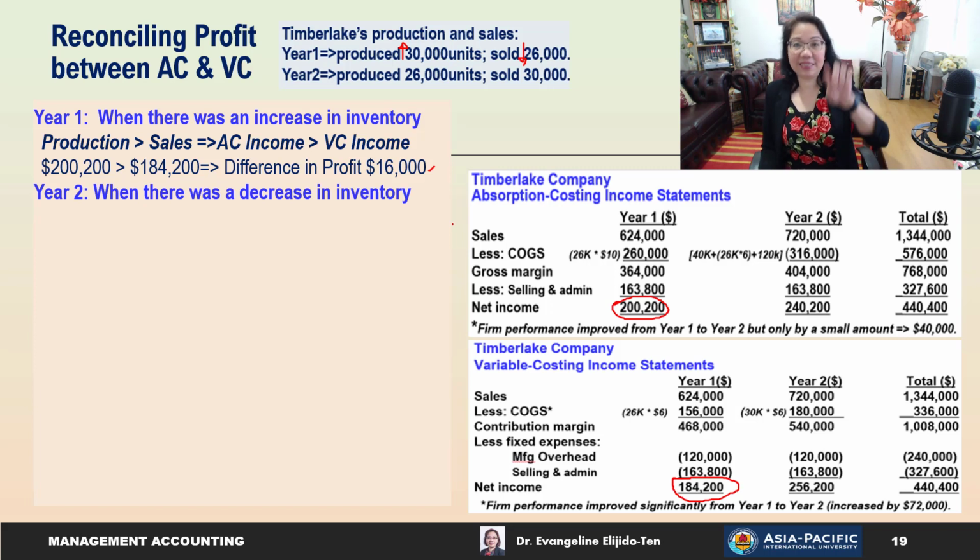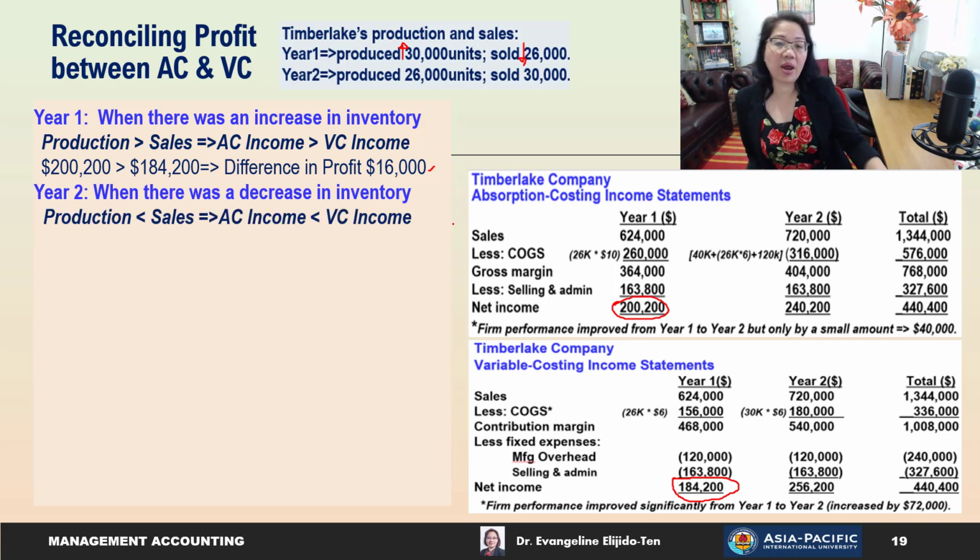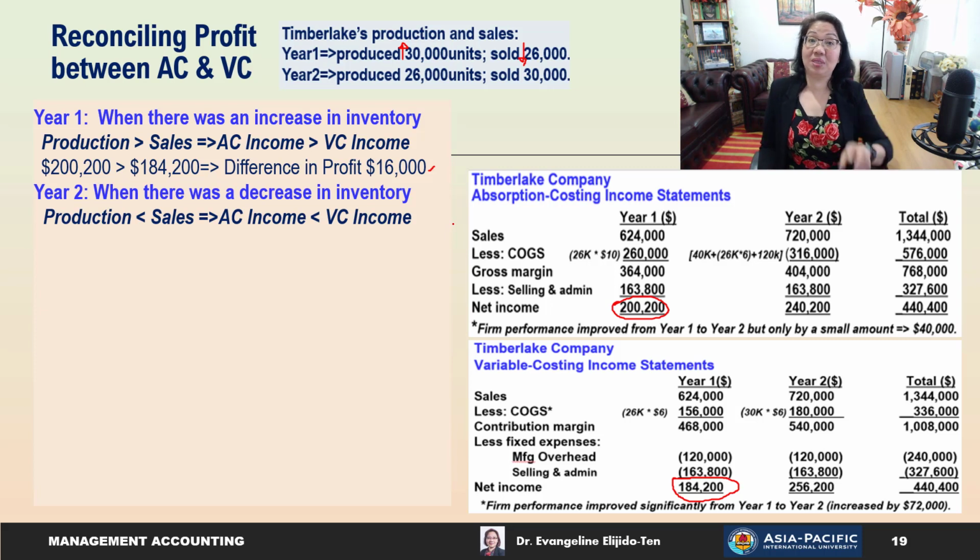What happened in year 2? When there was a decrease in inventory. Remember, in the beginning of year 1, we have no inventory. At the end, we have 4,000 units in inventory. In year 2, we have 4,000 inventory at the beginning, and at the end, there was nothing. So there was decrease in inventory. All right. So when this happens, it's actually when production is less than sales.